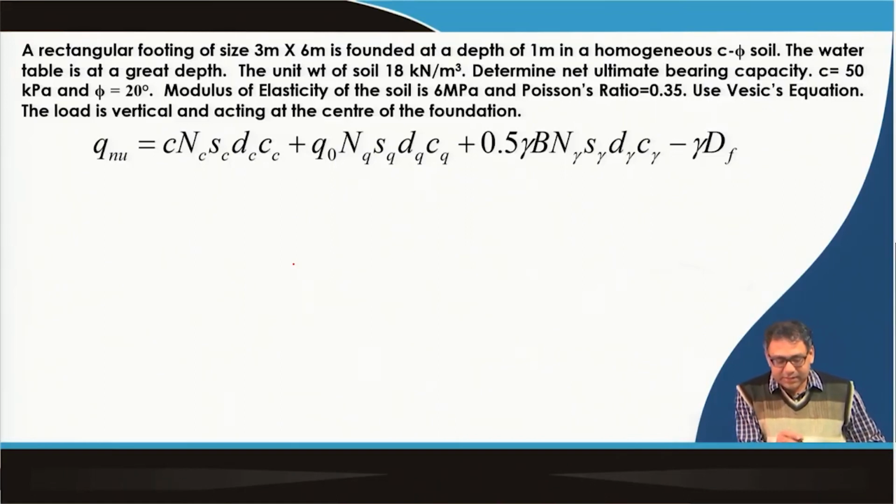So, first, as the modulus of elasticity is given, we can incorporate the compressibility effect. Because in the previous case, in Terzaghi theory, the example that I have solved, based on the phi value we had to judge whether to apply the local shear failure or the general shear failure.